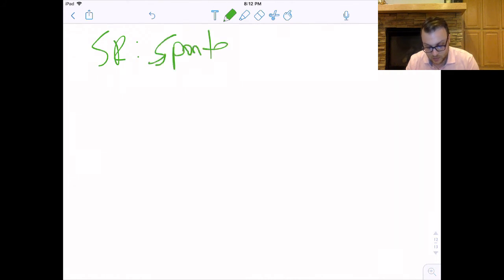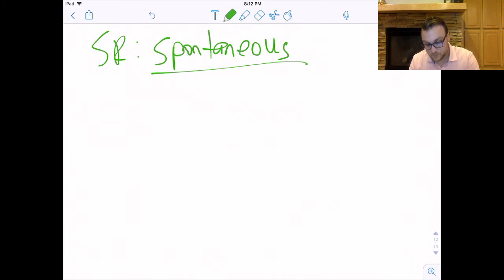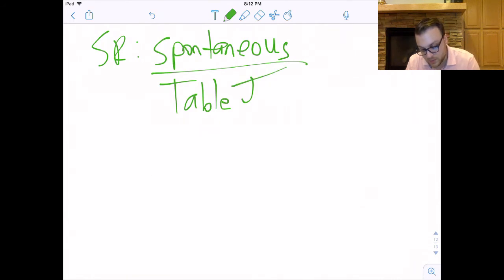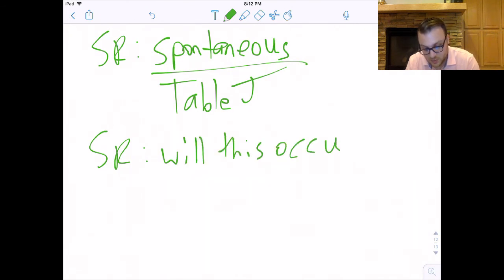You need to use table J. Or sometimes they'll ask, will this occur spontaneously? It's almost always framed around this idea of spontaneous. Will this occur spontaneously? Which one of these reactions is spontaneous? Etc. So you need to use table J.